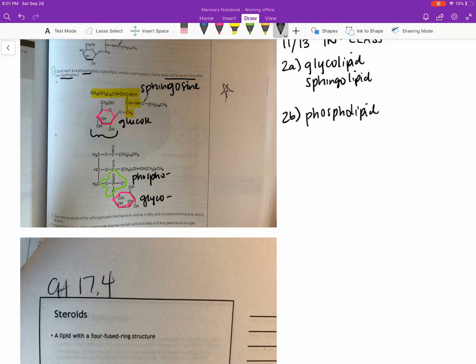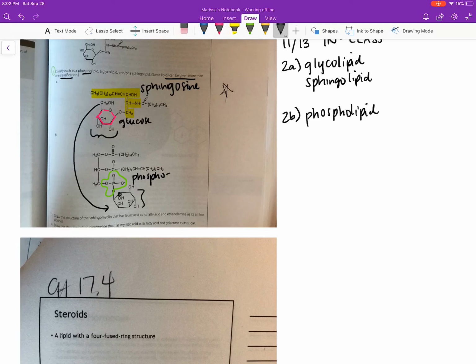Okay, and looking at this more closely, this is not glucose. I'm not sure what kind of group it is, but glucose would have the CH2OH on it, and it doesn't have that anywhere on here. So while it is a 6-membered ring, there's no oxygen integrated inside the ring, so it is not a glycolipid.